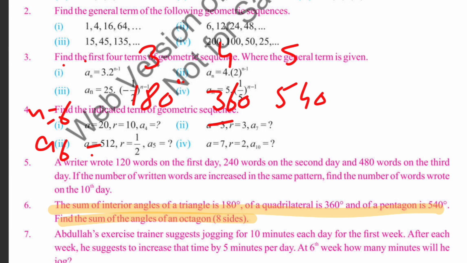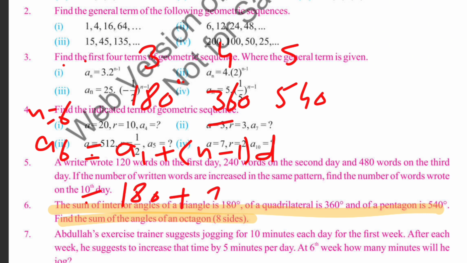Okay, now the arithmetic formula we use here is a1 plus n minus 1 times d. A1 is 180 plus n is 6 minus 1. The difference d is equal to the second term minus the first term. It means 180 degrees.